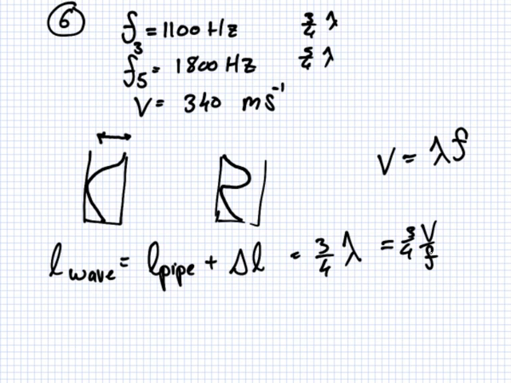You can find the wavelength for both of them, for F2 and F1, using V over F.